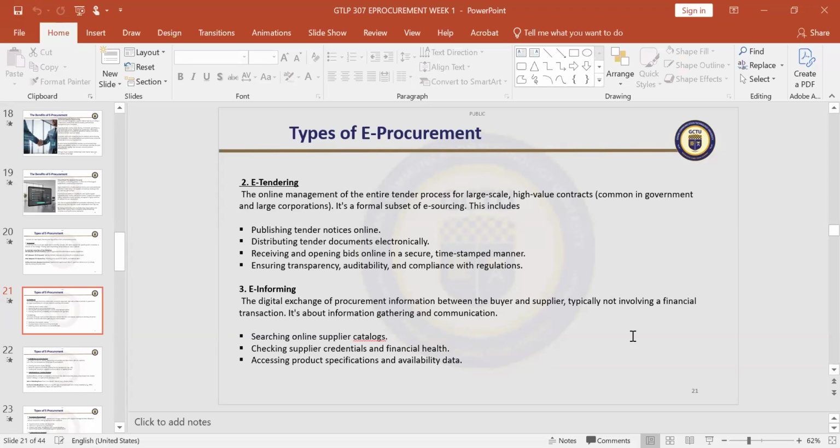But identification of needs, sourcing, getting a very reliable supplier, negotiation of pricing, everything is the same. Just that traditional procurement is done manually, whereas with e-procurement, everything is digital.